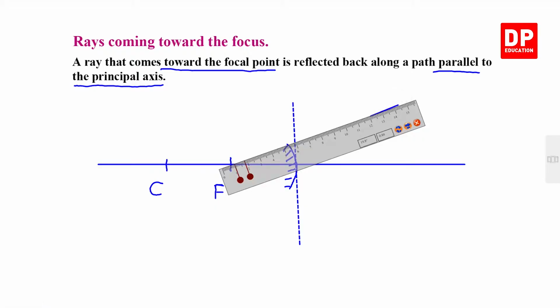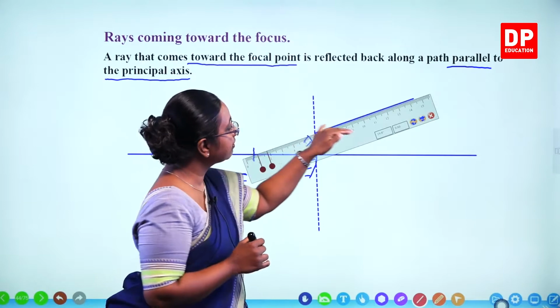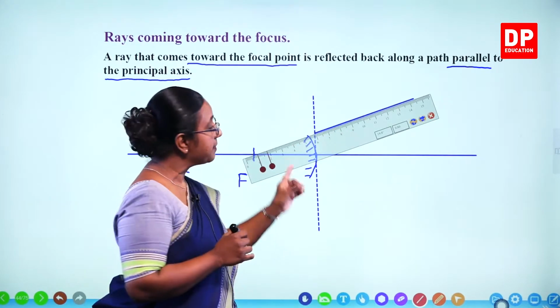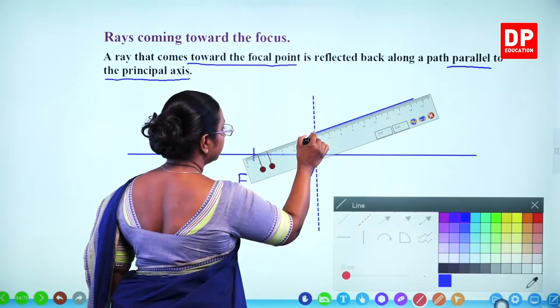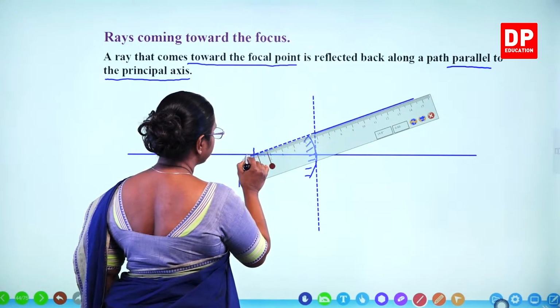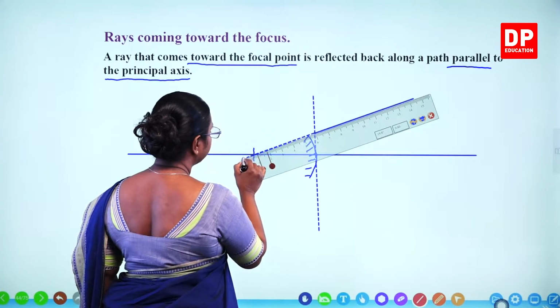So, this is going to be the incident ray, a ray coming towards the focal point. Then it will not go through this, it will reflect parallelly, but it will look as if it's coming through this point. So we have to use a broken line.